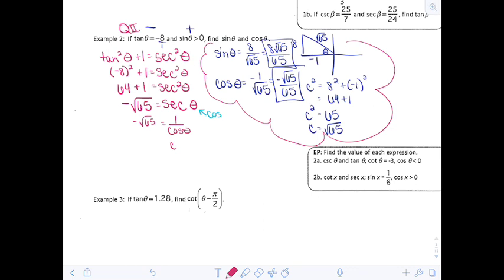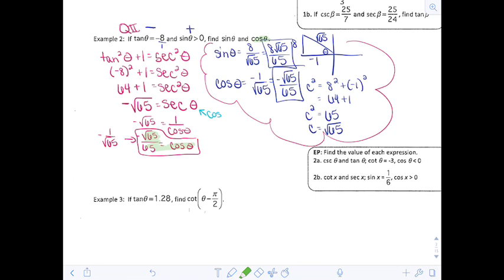If I flip the right side, I'm going to flip the left, and that would be 1 over the negative square root of 65, and then I would rationalize it. So it would be negative root 65 over 65. So there is the cosine that they asked me to find, right here.